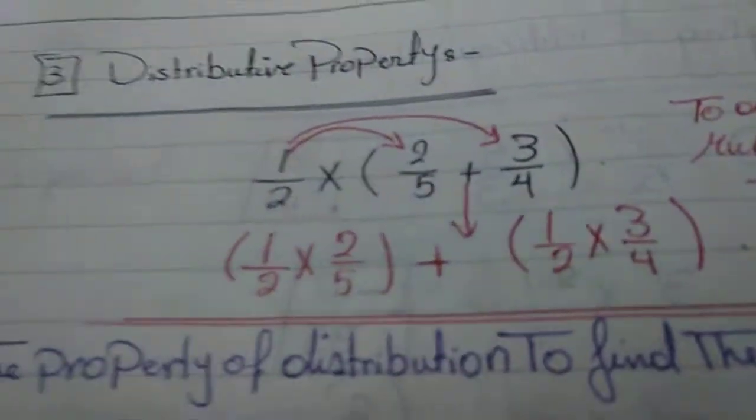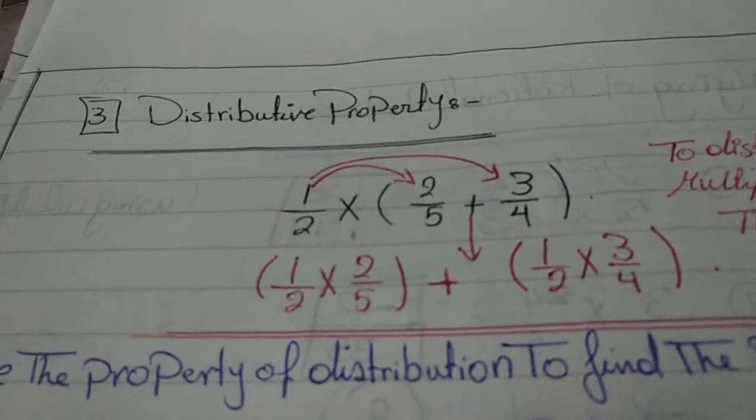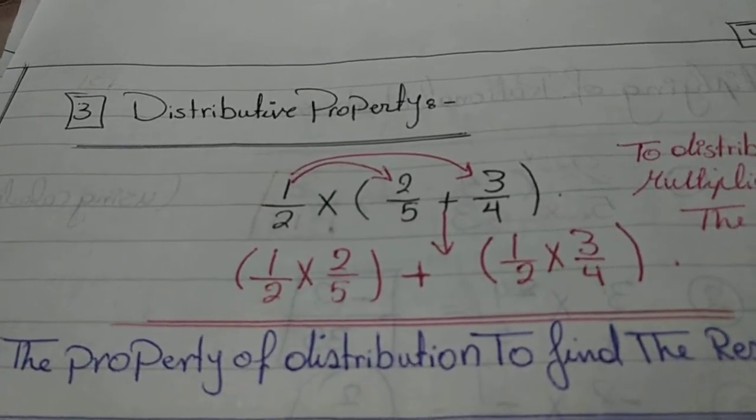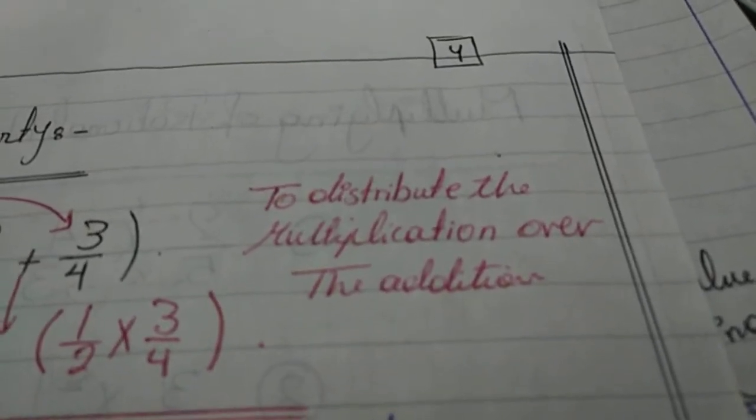The third property is distributive property. What is the meaning of distributive property? To distribute the multiplication over the addition. How?